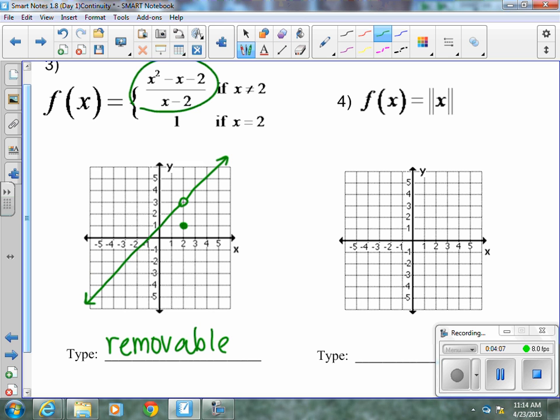And finally, a step function. If you remember what a step function is, sometimes called the greatest integer function, you are thinking about what integer is closest to that without going over. So from 0 through 0.5 up to just below 1, 0 is the integer that is closest to it. When you get to 1, it jumps up to 1, and 1.5's closest integer below it would be a 1.